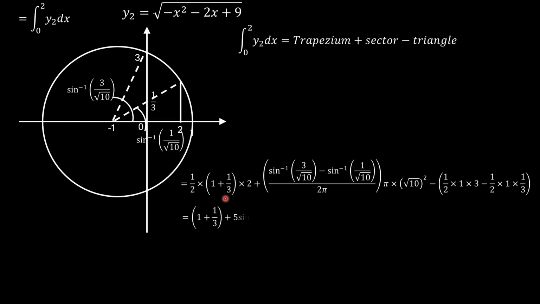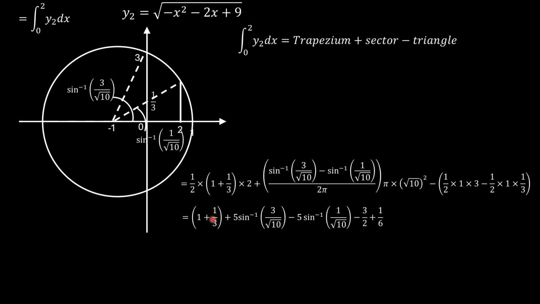So we have 1 plus this half, and 2 goes, we have 1 plus a third, and then pi and pi goes. And then 2, so root 10 squared is 10, 10 divided by 2 is 5, so we have 5 arcsine 3 over root 10 minus 5 arcsine 1 over root 10 minus 3 over 2 plus 6.